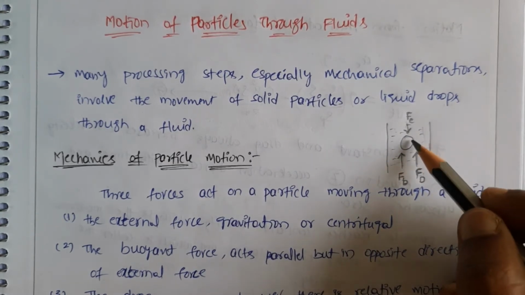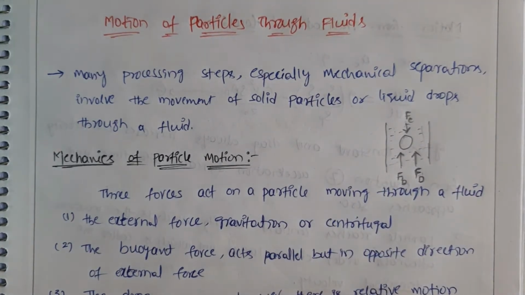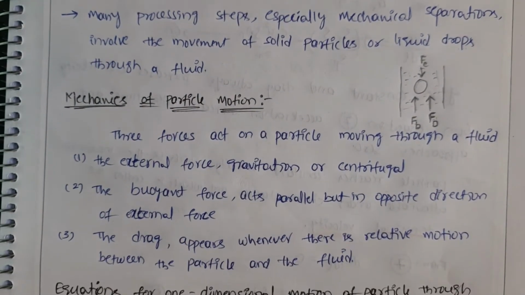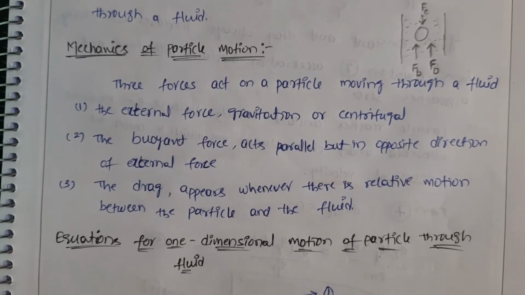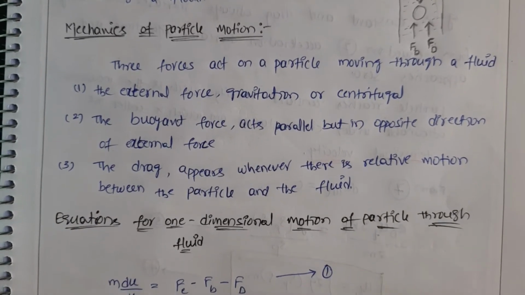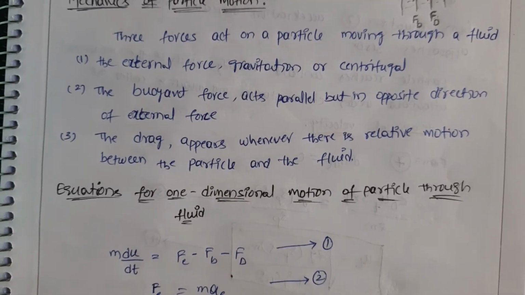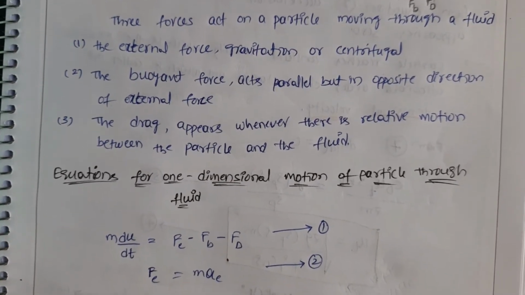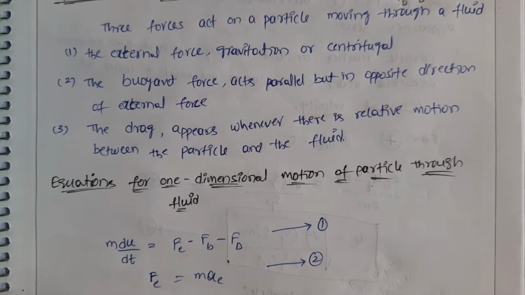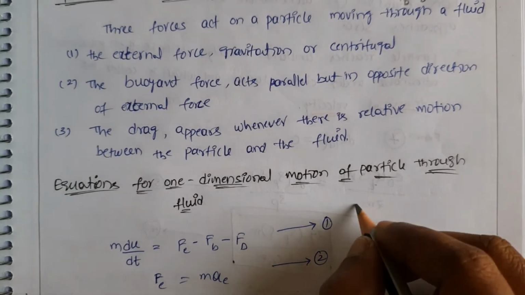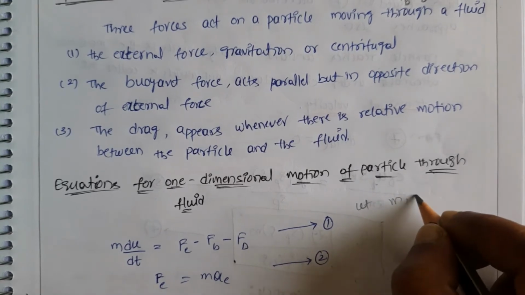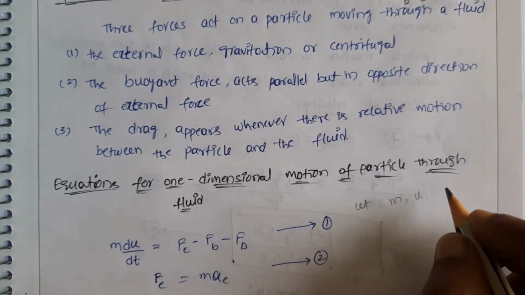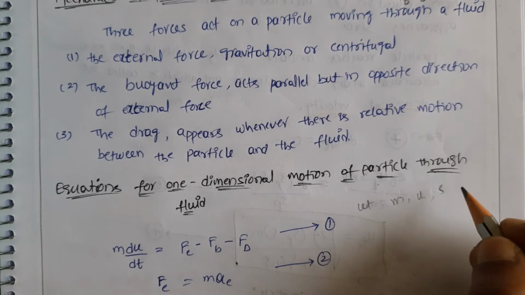We will see how we get the equation for this. Suppose I have considered a solid particle of mass m moving with a velocity u in a fluid of density rho.